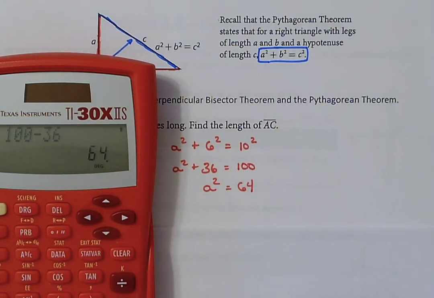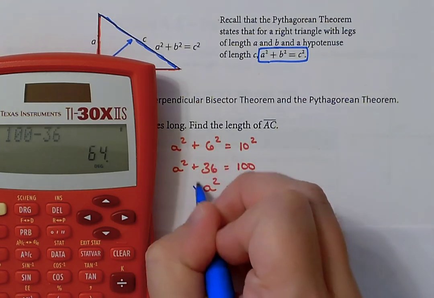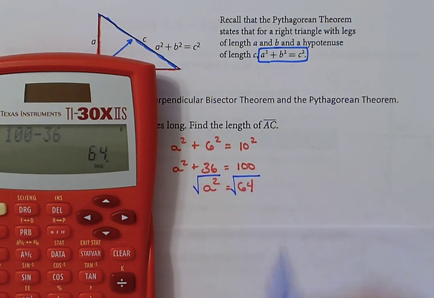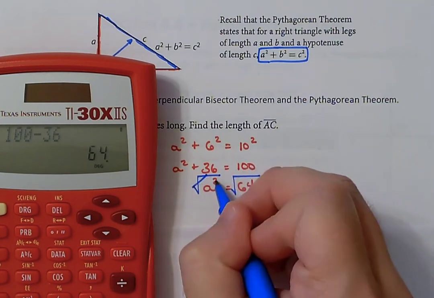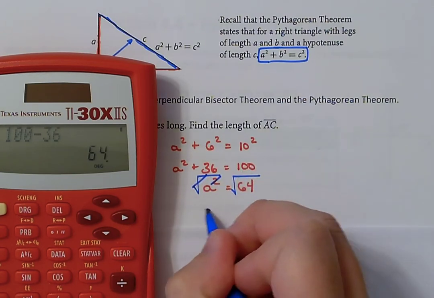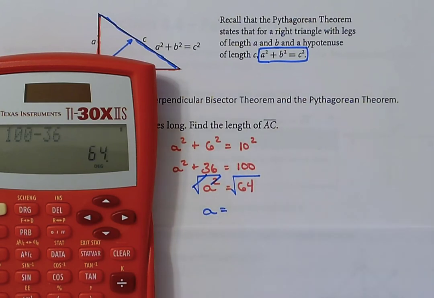Now, the part that you may not remember from before, or if this is completely new to you: to get a alone, because this is a to the power of 2, I need to have it as just a. To get rid of that power of 2, we take the square root of both sides. The square root cancels out the 2, so we just get a equals the square root of 64.